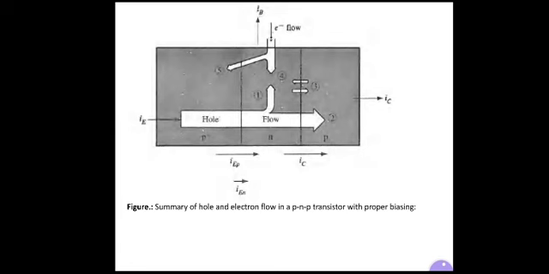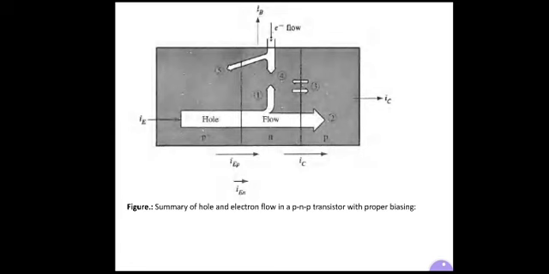So it is clear that IE, the emitter current, flows into the emitter of a properly biased PNP transistor, and IC, the collector current, flows out of the collector. Observe in the figure that IE is flowing into the emitter, whereas the collector current IC is flowing out of the collector.